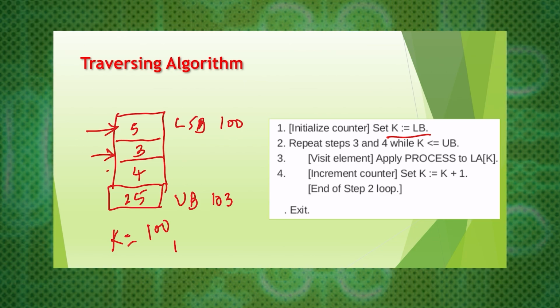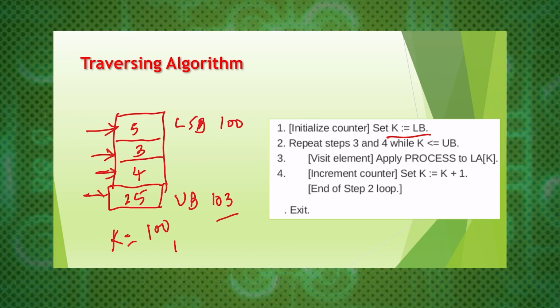Then we will increase k by 1 again to visit the next element. And again we increase k by 1, so it becomes 103, and we visit the element of the array. Now if I increase k by 1, it becomes 104, which is greater than the upper bound, and therefore we will exit the loop.